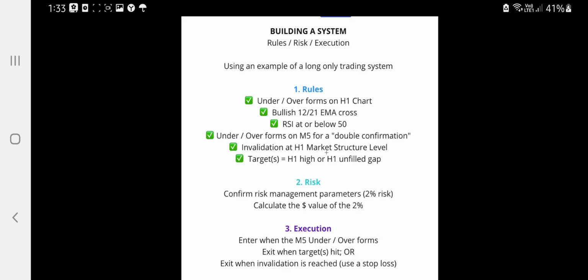I've actually added more than I would suggest to you if you're new to trading, or if you're new or intermediate trader and you're testing systems for the first time, because you can be a fairly experienced trader without ever having properly built a system.